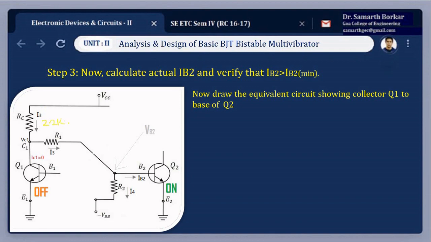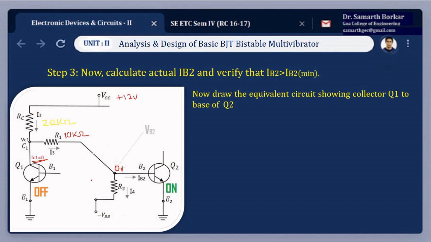RC is 2.2 kilo ohms, VCC is given as plus 12 volt, R1 is 10 kilo ohms. This transistor is off, so IC1 is 0, as already listed. Then for this value, the transistor is on, and since we are neglecting the junction voltages, this value will be 0 volt.